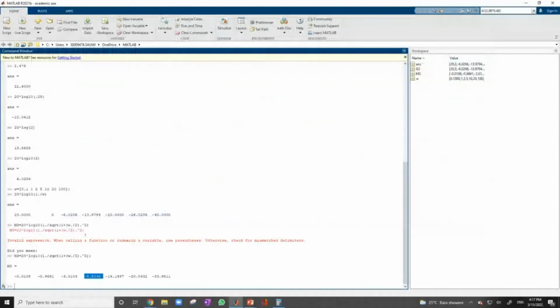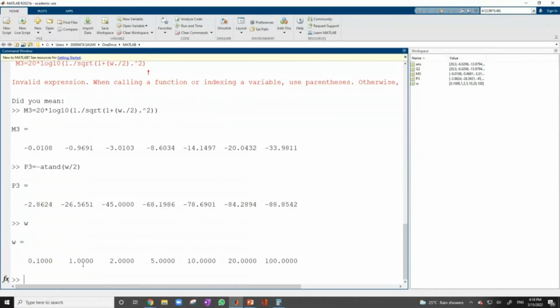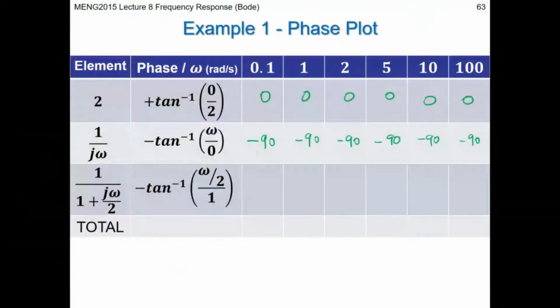So switching back to MATLAB, 0.1 is -3, 1 is -27, 2, right? So -45 for our corner frequency, right? Remember, this is the frequency. 2 radians per second is 1 upon tau for this element.